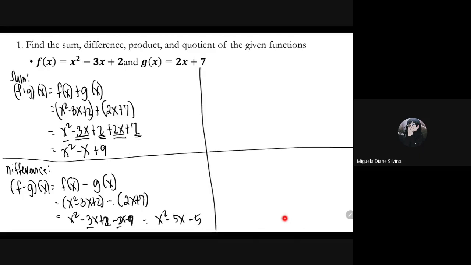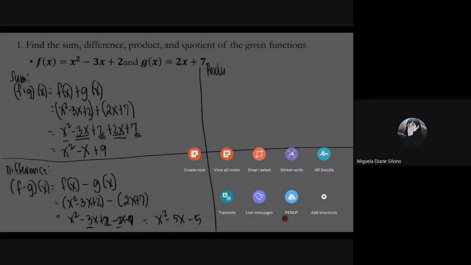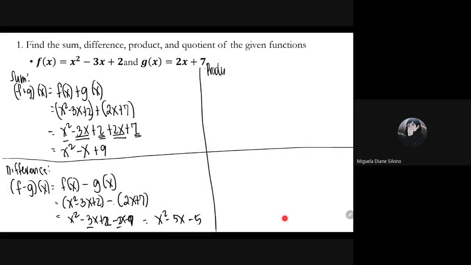Okay. For the product, you'll just multiply it. So f times g of x, yan ay f of x times g of x. Ang ating f of x ay x squared minus 3x plus 2. You multiply it by 2x plus 7.